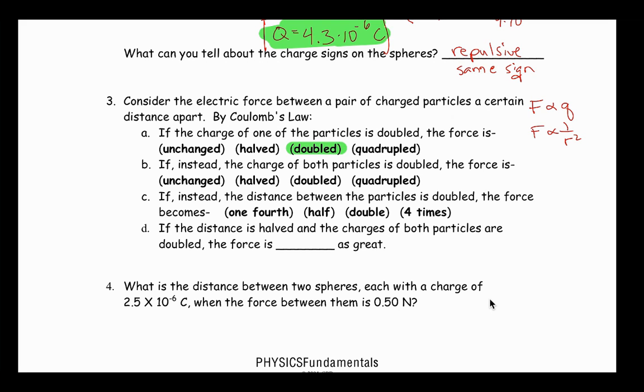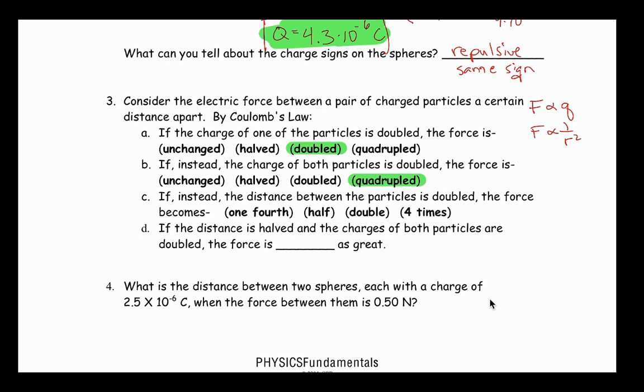Part B, if instead both particles are doubled, well, that doubles the force for each one, right? So you double particle 1, force doubles. You double particle 2, force doubles a second time. So that's 2 doubles, which is quadrupling. In part C, we say the distance is doubled. The force becomes what?